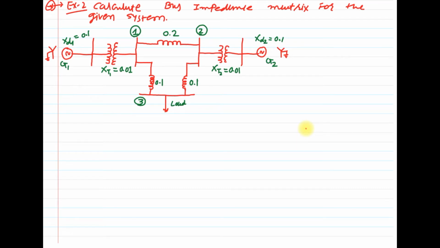Hello students, today we will calculate one more example for formulating or calculating the bus impedance matrix for the given system or network. So here all the data, that means reactance of generator, transmission line and transformer, are given on the diagram.